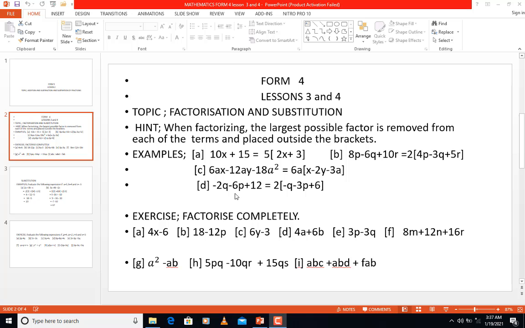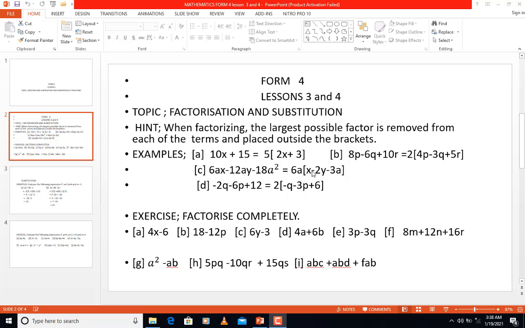In terms of letters, there are none, because here we have got q, here we have got p, here we have nothing. So it means we don't have a largest possible factor for letters. For numbers it's 2. Now we divide. 2 into minus 2q gives us minus q. 2 into minus 6p gives us minus 3p. 2 into positive 12 gives us positive 6.